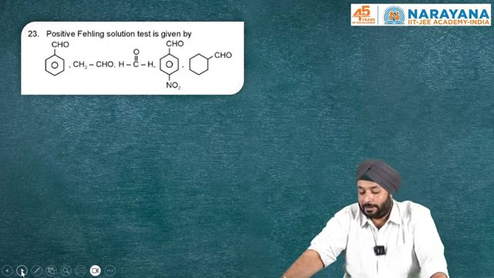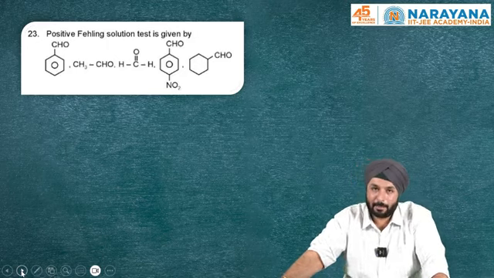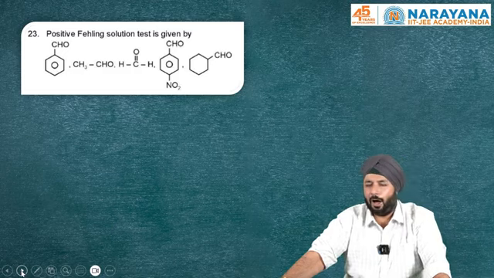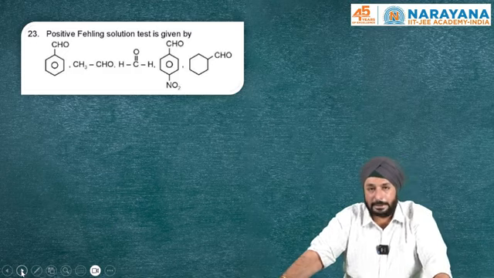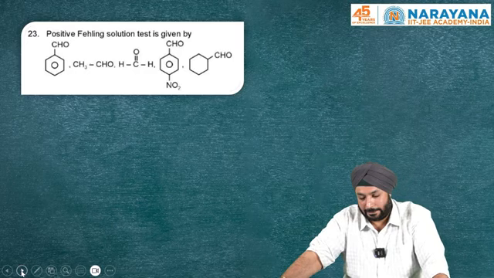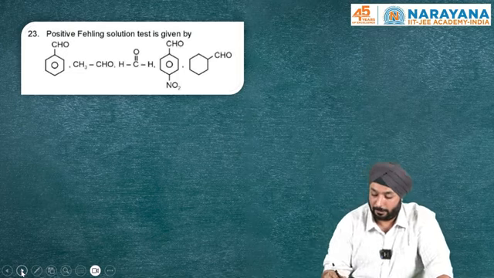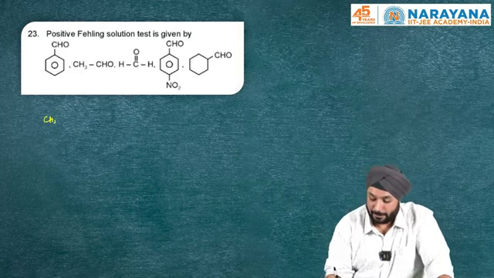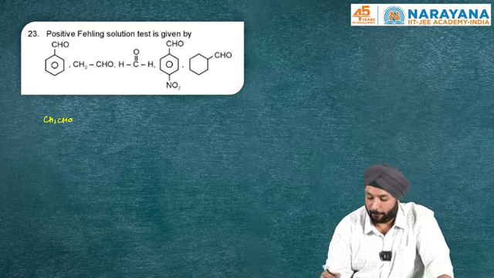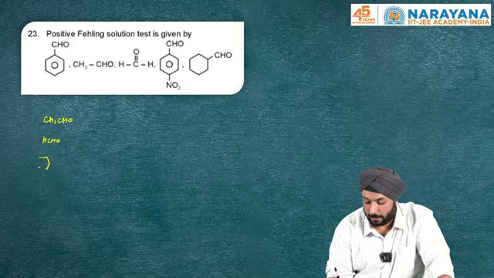Positive Fehling solution test is given by all non-aromatic aldehydes, right? So choose all aldehydes which are non-aromatic. So answer is supposed to be what? CH3CHO will give, formaldehyde will give, and cyclohexane carbaldehyde will give.